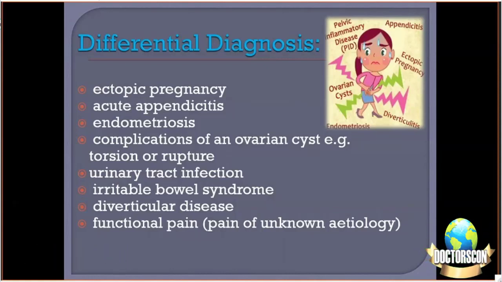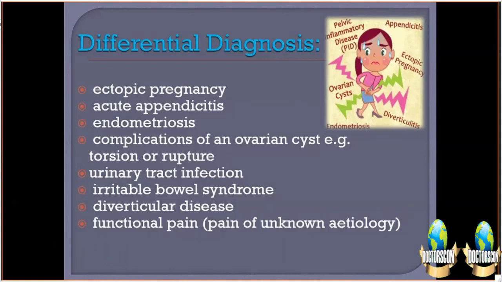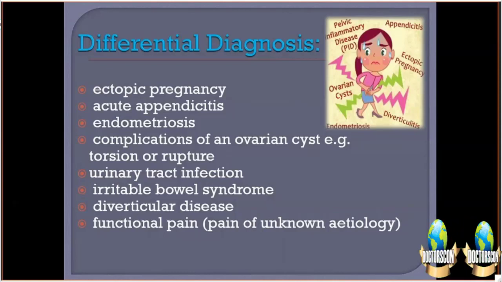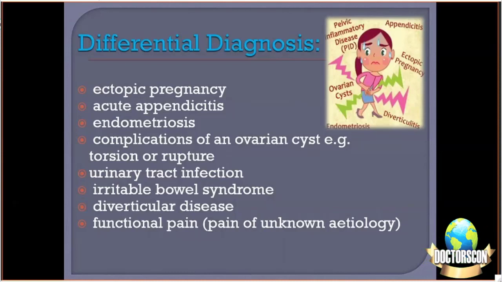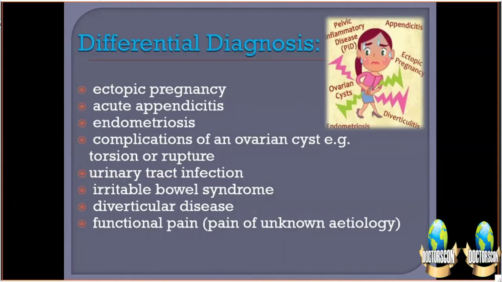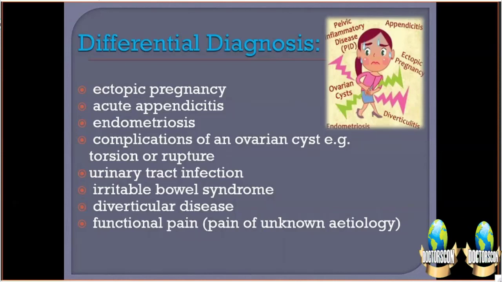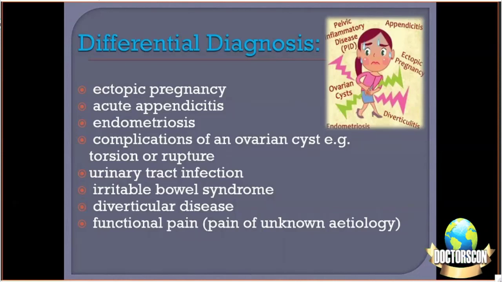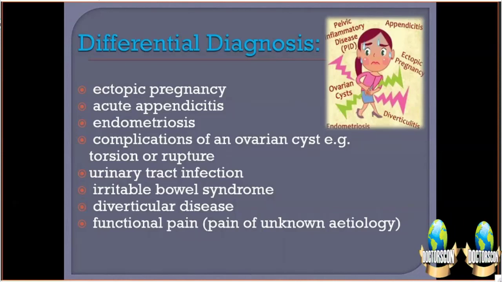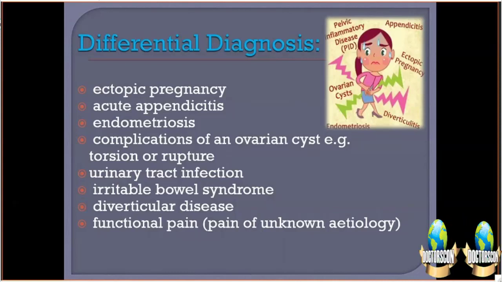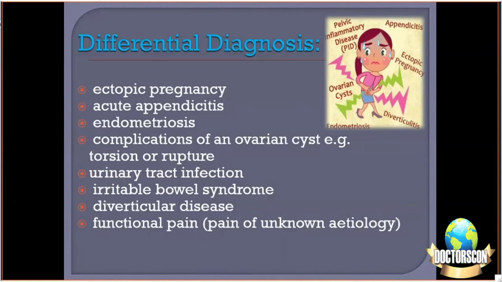A surgical emergency cannot be excluded when there's a lack of response to oral treatment, when there's clinically severe disease or suspicion of tubo-ovarian abscess, intolerance to oral therapy, or in a woman who has inflammation and is pregnant. In these conditions, the patients are admitted for further management, observation, and treatment.